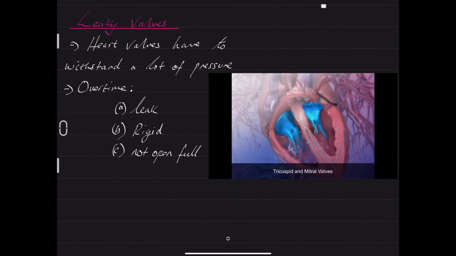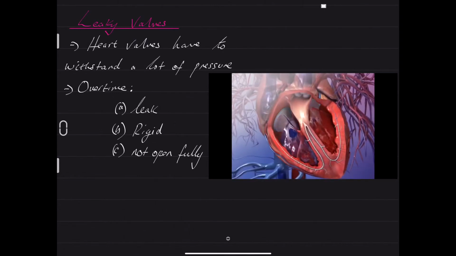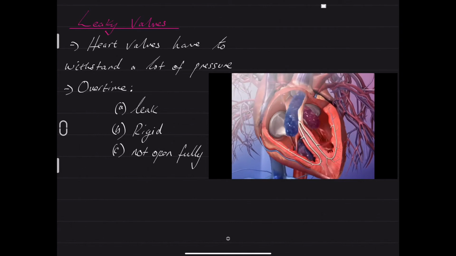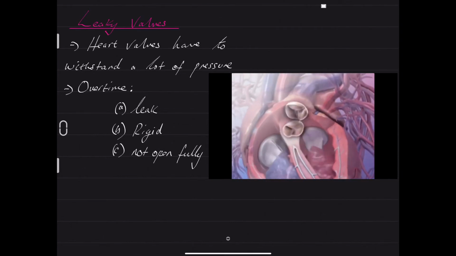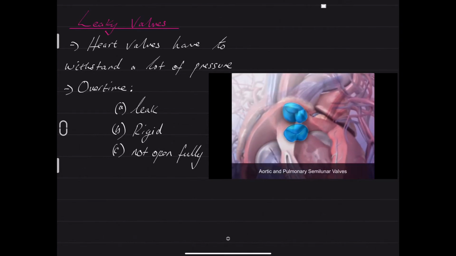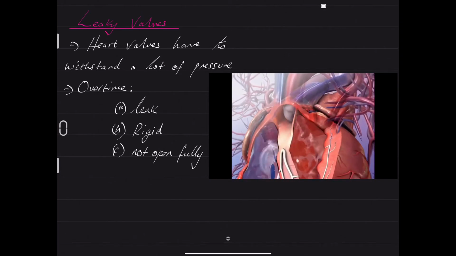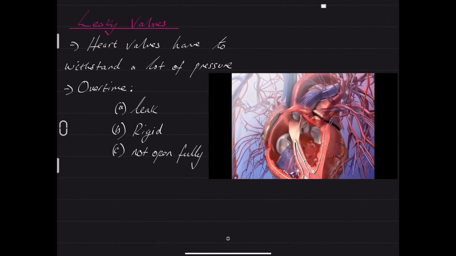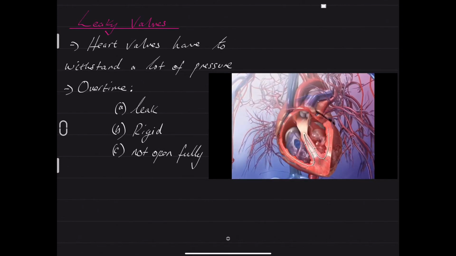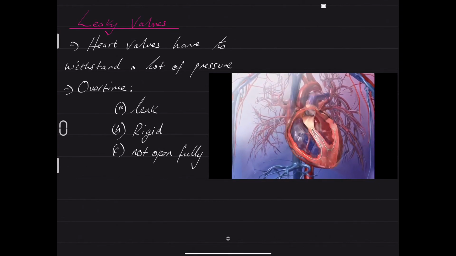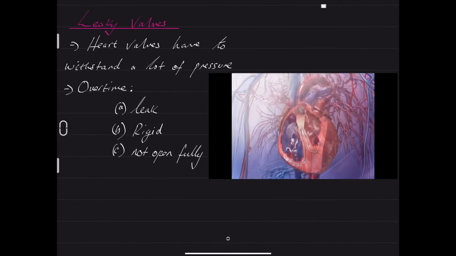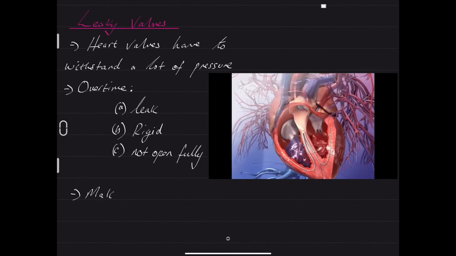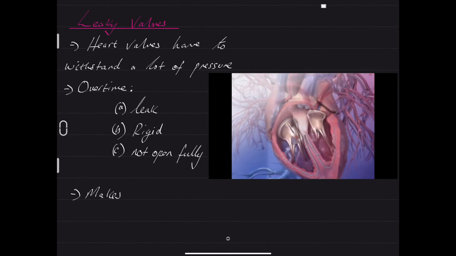You can see from the animation that if the heart valve is not fully opening, it's going to cause a problem with the oxygenated blood flowing into the heart or going out of the heart, and vice versa for deoxygenated blood. So over time, the heart valves may become leaky, rigid or not fully open. All of this makes the heart less efficient.